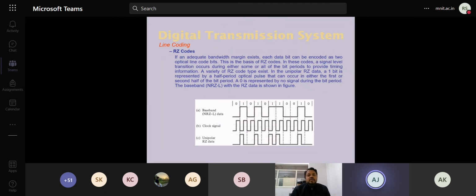So RZ is slightly more power efficient, but it has its own problems.